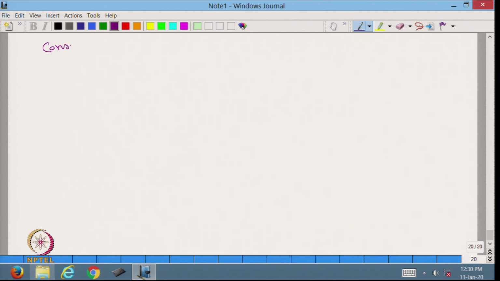Consider u is equal to x minus mu upon sigma and v is equal to y minus m upon s.